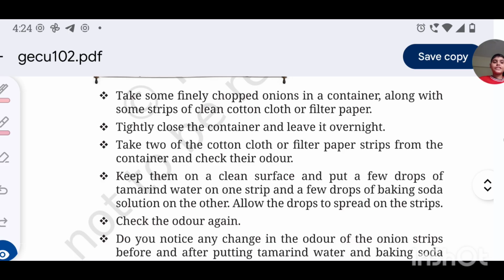Do you notice any change in the odour of the onion strips before and after putting turmeric water and baking soda? I think so, yes. The onion doesn't change smell in acidic but changes smell in basic, so it is a basic indicator. Okay.